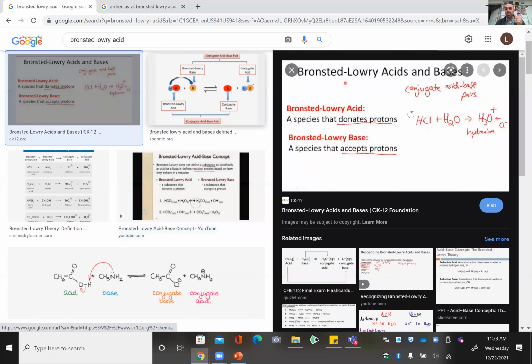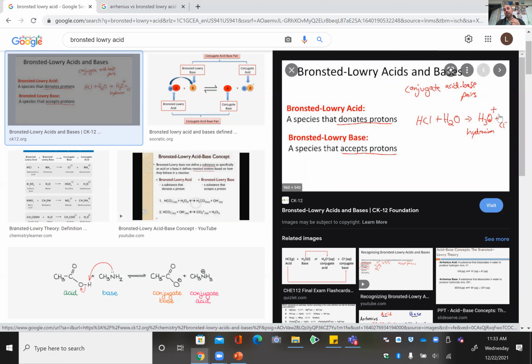Here again, very simply looking at this, we have HCl and H2O. Well, we see HCl will donate its proton to H2O, giving the hydronium molecule H3O+ and a chloride anion by itself. So the HCl in this case is also a Bronsted-Lowry acid. The H2O in this case would be a Bronsted-Lowry base.